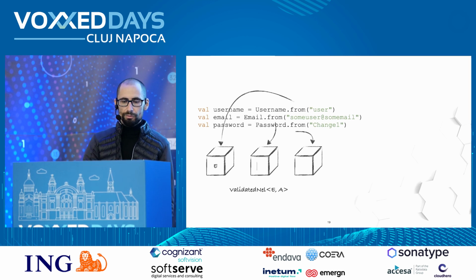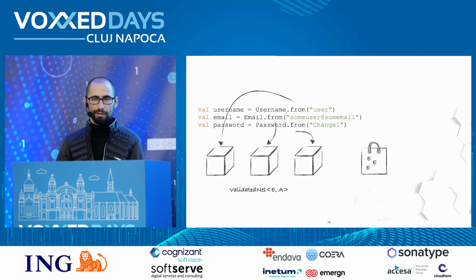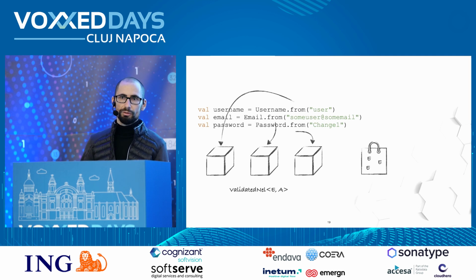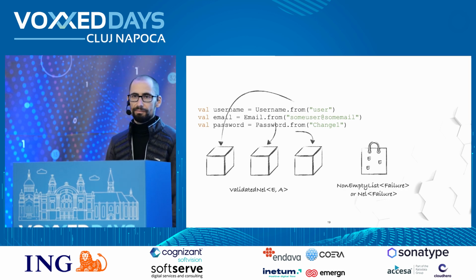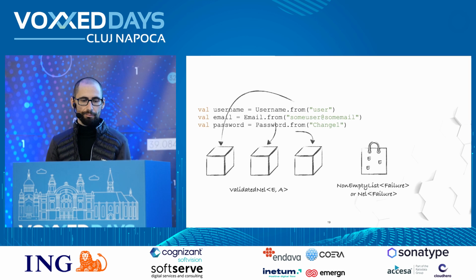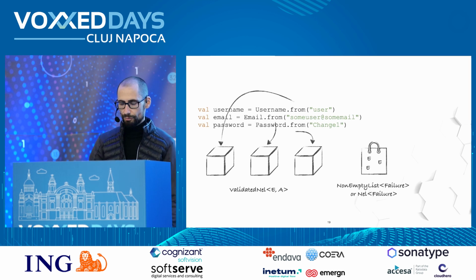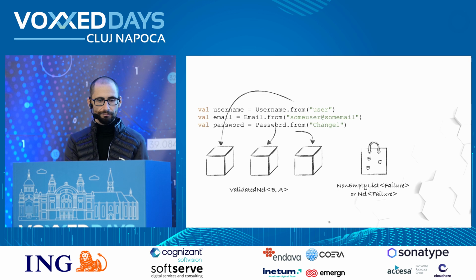And what we want to do, in case we have one or multiple failures, is take all of those failures and put them in the same bag because we want to give them to the user at the same time. And this bag, as you might have guessed, is a NonEmptyList of Failure, or its type alias Nel of Failure, which is basically the same thing.